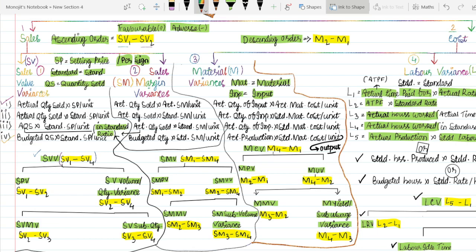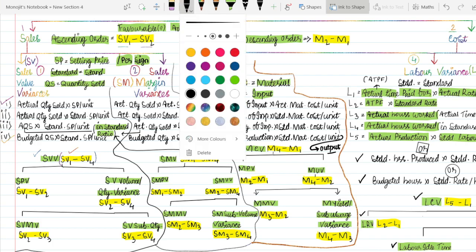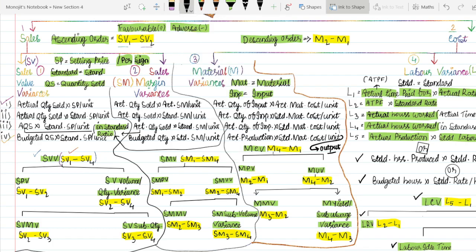So from sales value volume we need to first take sales value 1 and then deduct sales value 2. To remember this formula, first you have to write this point. First I need to take a bold pen. So first you will write the sales value volume. In sales value volume you need to maintain the ascending order.